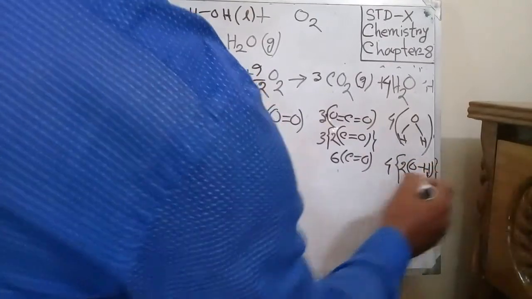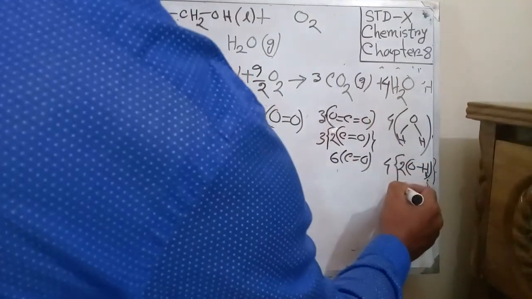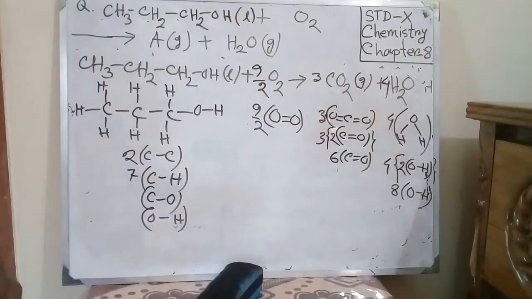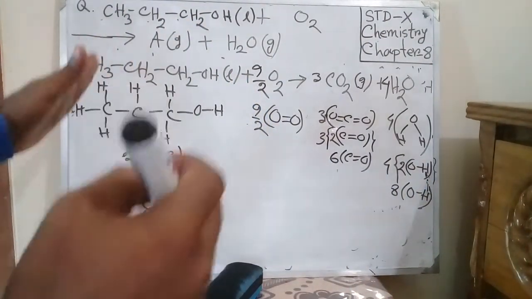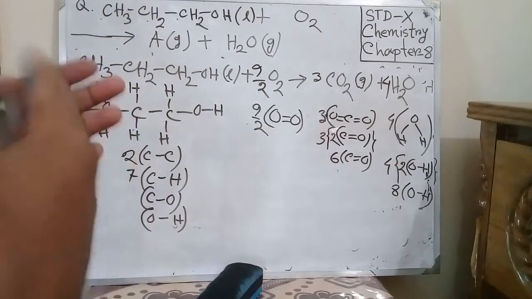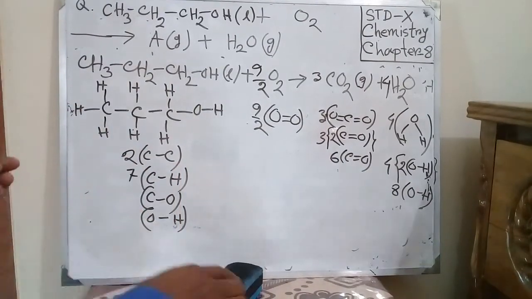So 2 4s are 8 oxygen-hydrogen bonds. So we have calculated how many bonds are on the left side and how many bonds are on the right side. So now it's easy to find out del H.